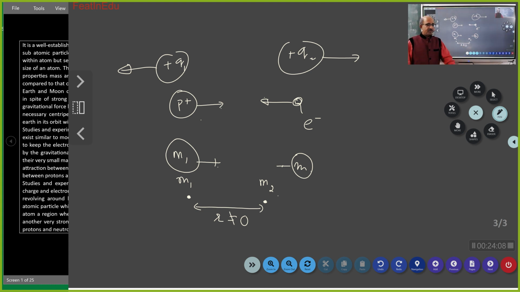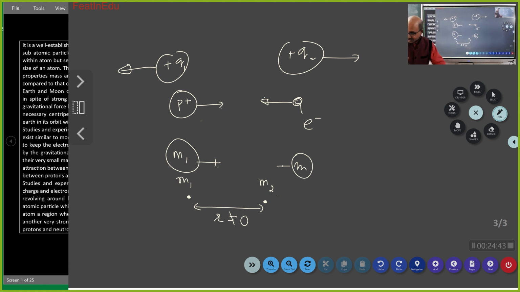Any law means a relation, so when you define a law, there are conditions. That means if the 2 point masses are touching, the universal law of gravitation is not defined. And if they are at infinite distance, it is also not defined. So r should be finite.